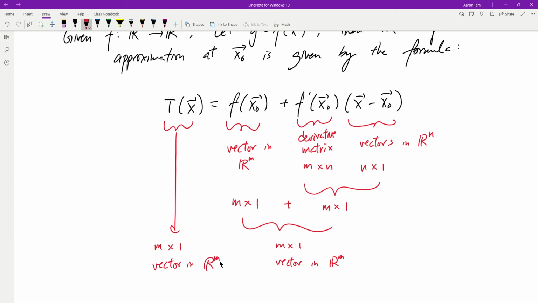Now, is it surprising that the tangent approximation is also an m by 1 vector in Rm? No, not at all, because remember, one of the key features of tangent approximation is that it takes on the same exact type as f, the function that it is approximating. So in this case, I can conclude that T is also mapped from Rn to Rm.